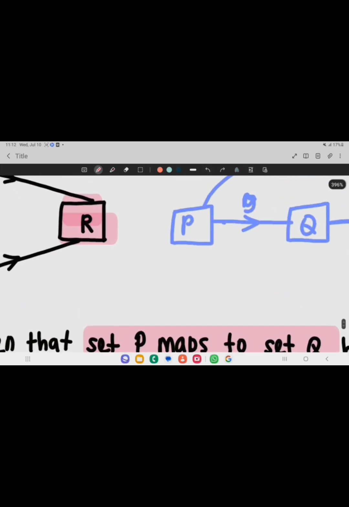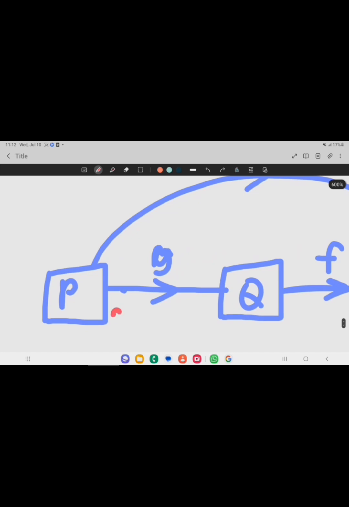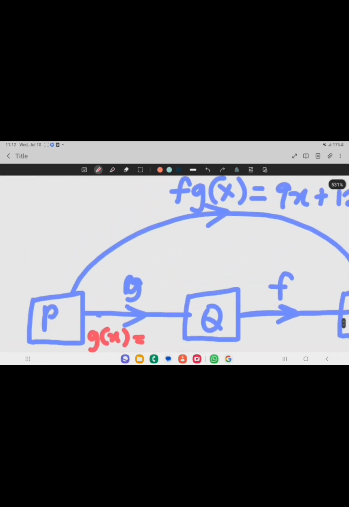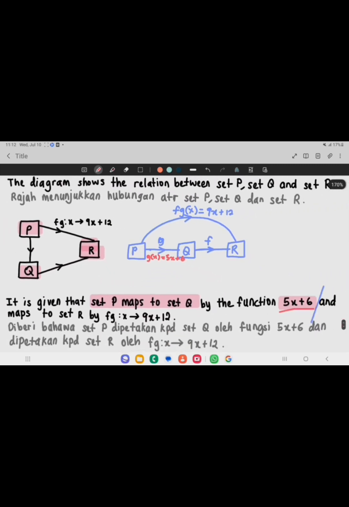You can straight away transfer the information given to you into the diagram: 5x plus 6. And then it maps to set R by fg(x), 9x plus 12. This one is already given in the question itself.